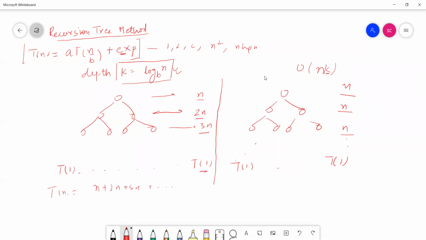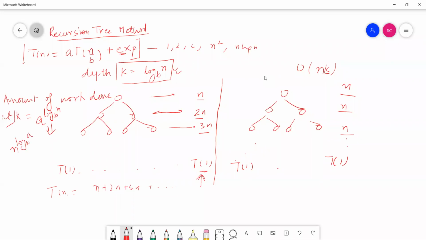Now here, what is the amount of work done at the last level? So in this particular case, the amount of work done at the last level is equal to a to the power log b base n, and it can be written as n to the power log b base a.